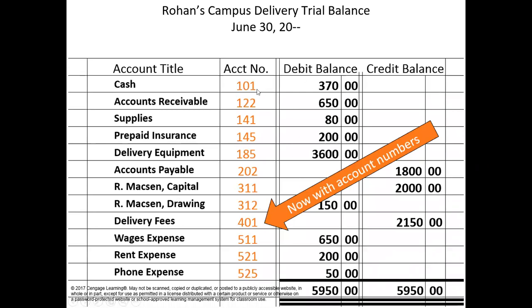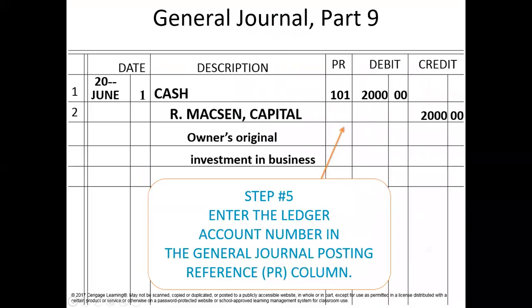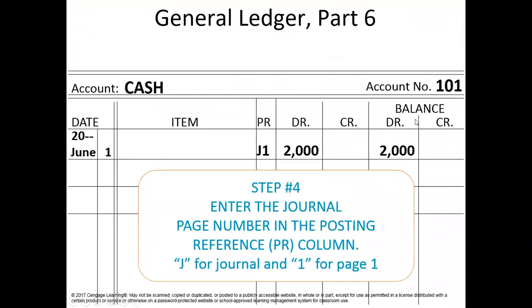Next, what we'll do is we'll take whatever the balance is in that T account. If it's a debit balance, we put it in the left hand or the debit column. If it's a credit balance, we put it in the credit column. Now, how will we know if it's a debit or a credit balance? Remember, let's go back to the ledger. That's why this is important.